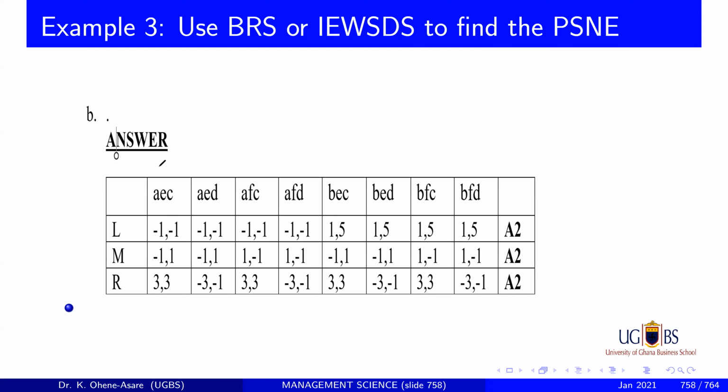So you have strategies L, M, R, and then you have AEC, AED, and several other things. It doesn't matter. What matters here is that you're going to check. If you look at strategy L, we're going to compare -1, -1, -1, -1, +1, +1, +1, +1.